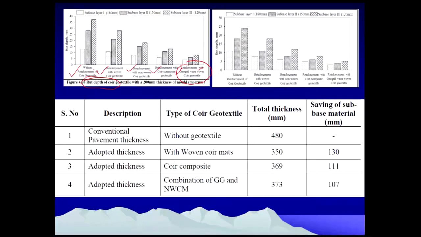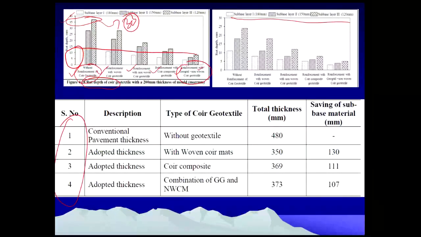Without reinforcement of coir geotextile, rutting was around 35, and as I showed in the laboratory, we got around 30, and the field is 35. And here you can see the reduction is almost 10 for the different criteria.